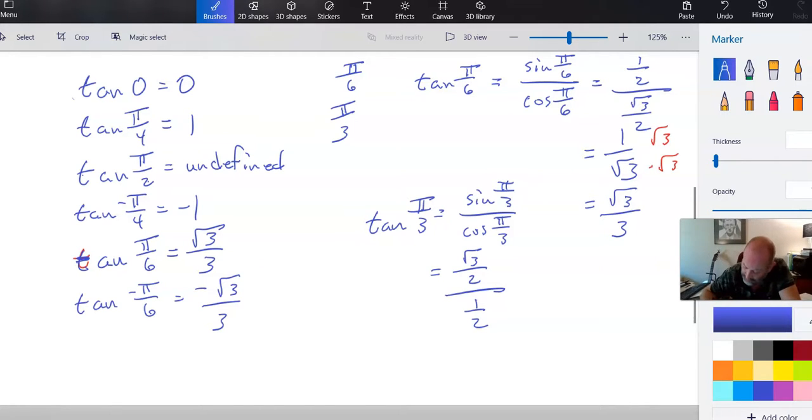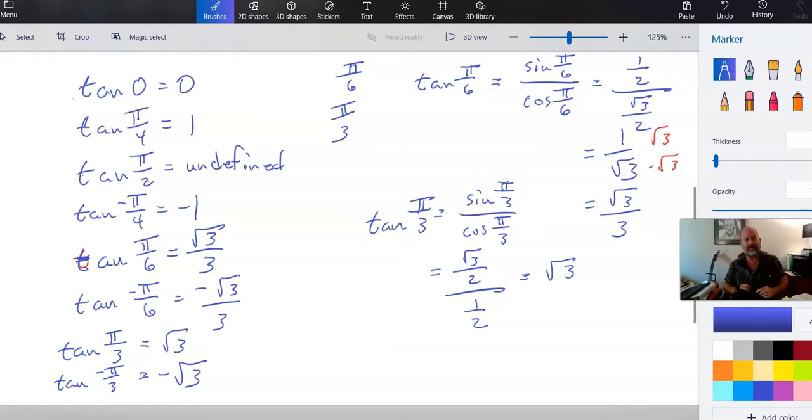And if I flip those and multiply, I end up with the square root of 3. And so I'm running out of room real fast here, aren't I? So tangent pi over 3 is equal to root 3. And likewise, tangent negative pi over 3 is negative root 3. Right? So it's a really convenient property. Once you find the positive one, you have the negative one too.